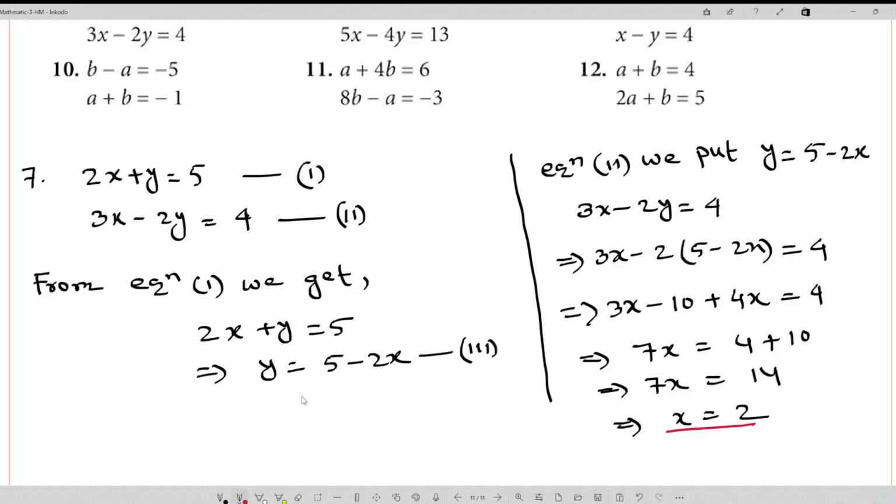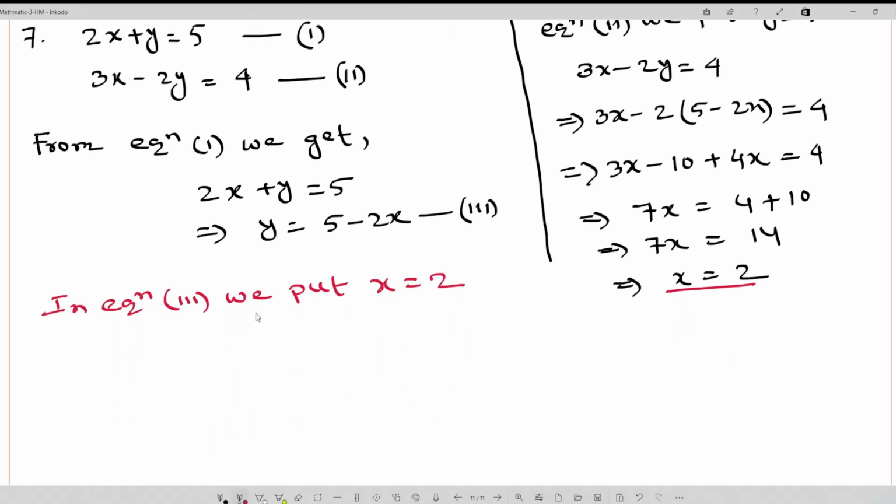This x equals 2 we can put in equation 3. So in equation 3 we put x equals 2, right? Then y equals 5 minus 2x, so 5 minus 2 times 2.